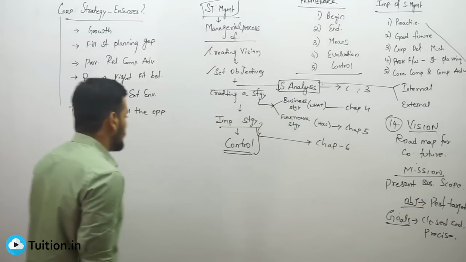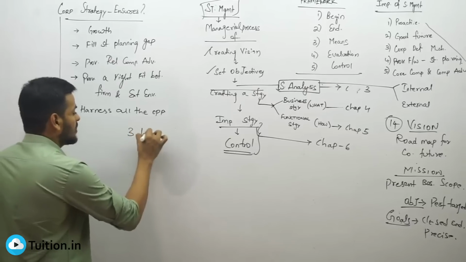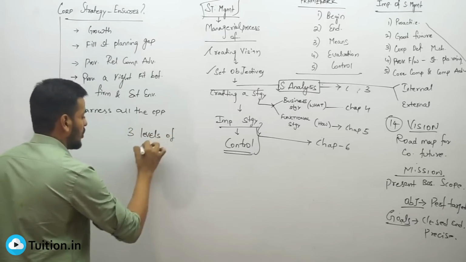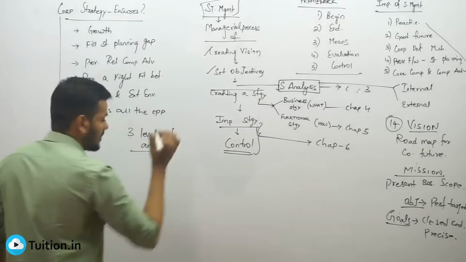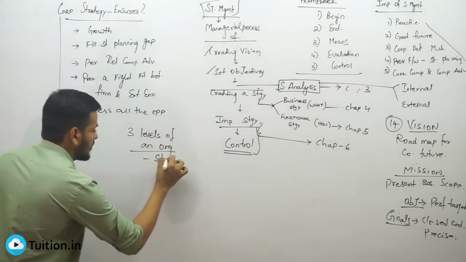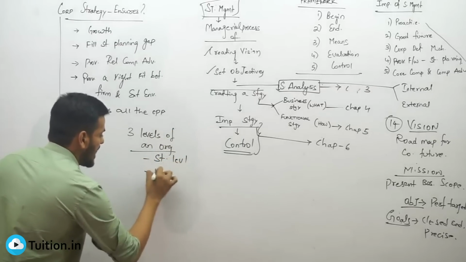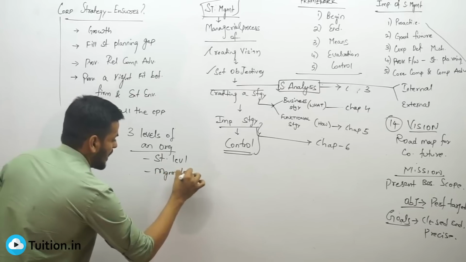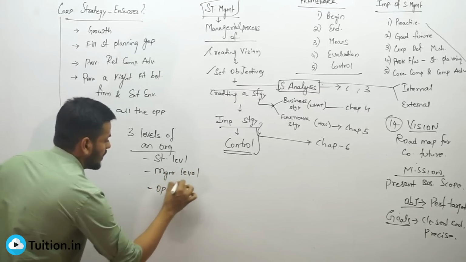And the last topic that we are dealing with in this chapter is 3 levels of an organization. What are the 3 levels in an organization? The strategic level, the managerial level, and of course the operational level.